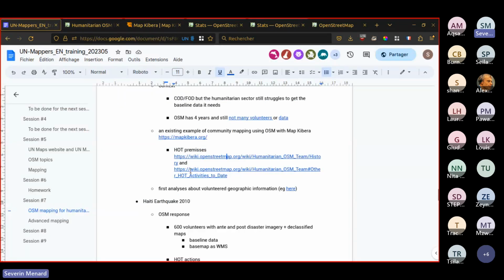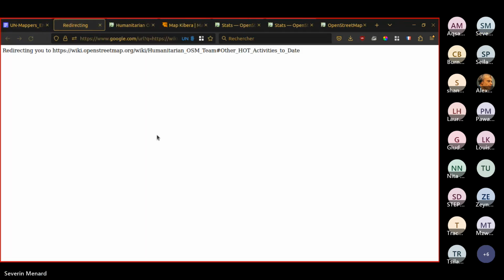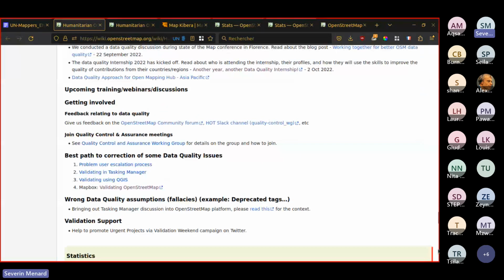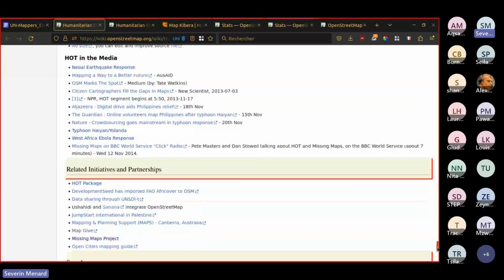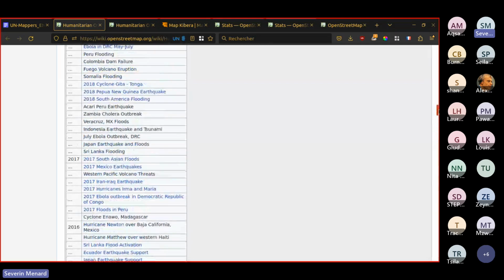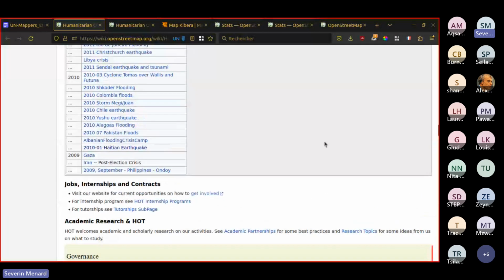As you can see, that's I think the second link. In the activities, there were activities in the late 2000s. Yes, that's it. So it's here. Okay.